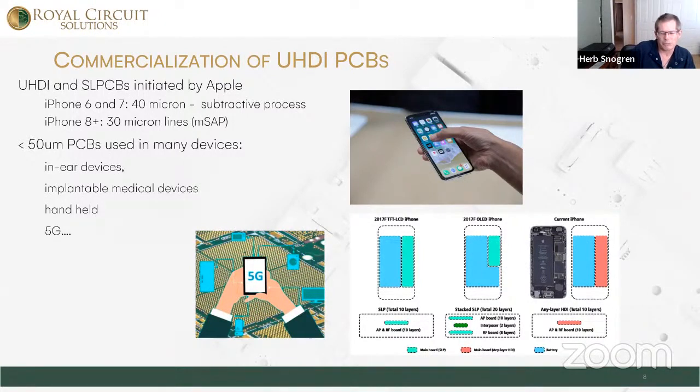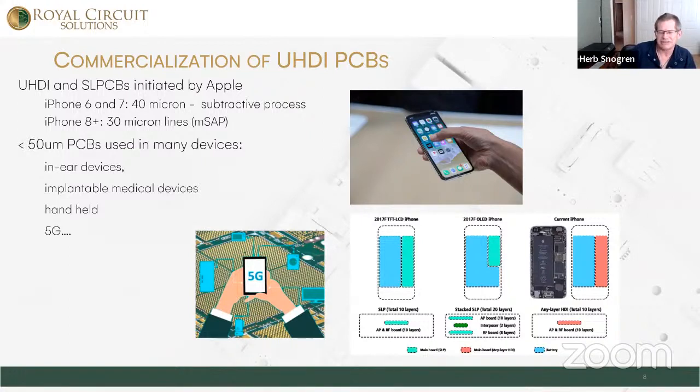And so they went below 50 microns on the iPhone 6 and 7 using a subtractive process. And then when they got to iPhone 8 and beyond, they started using the mSAP process on some of their routing layers to get down to 30 micron lines and spaces.